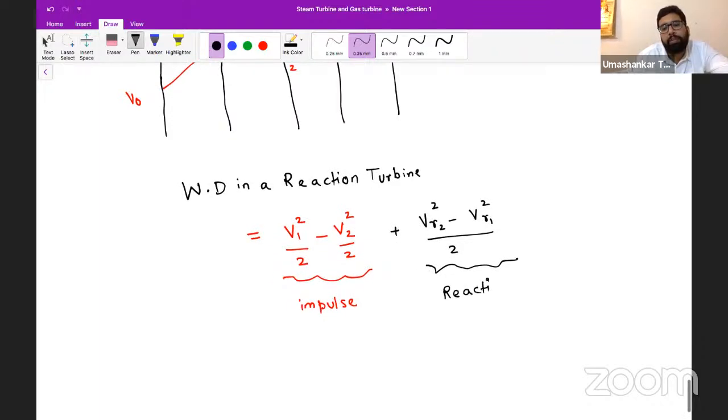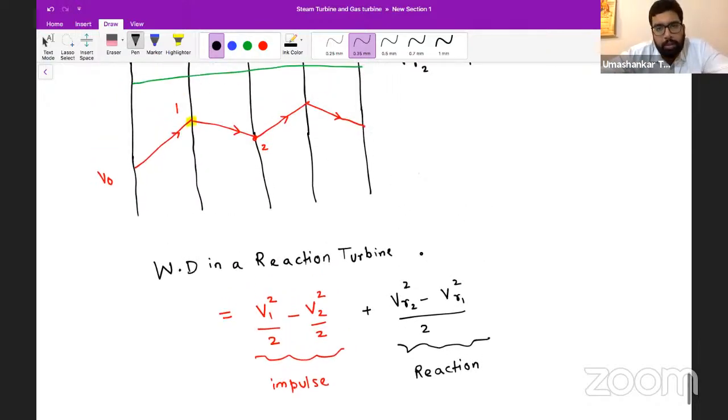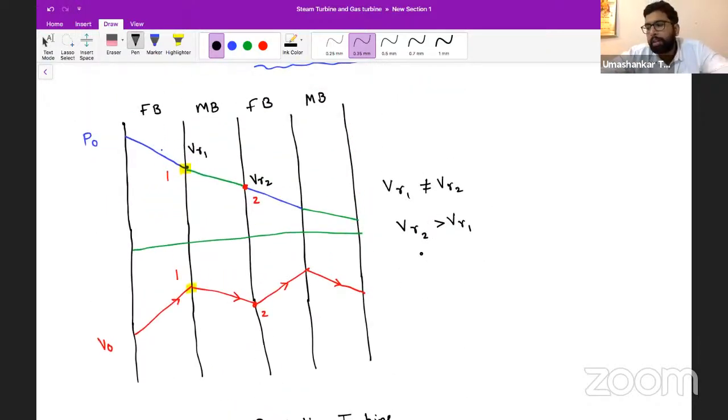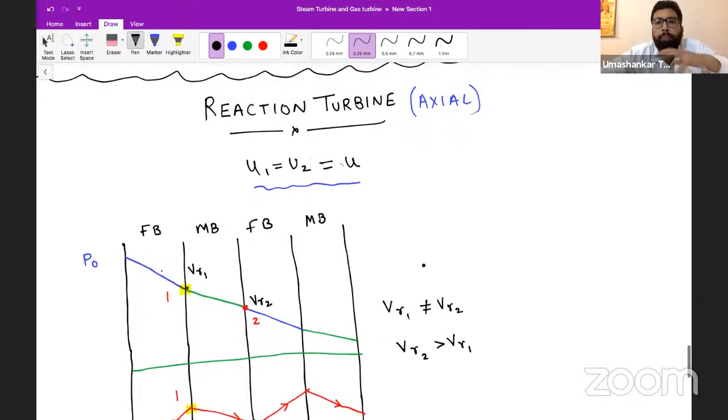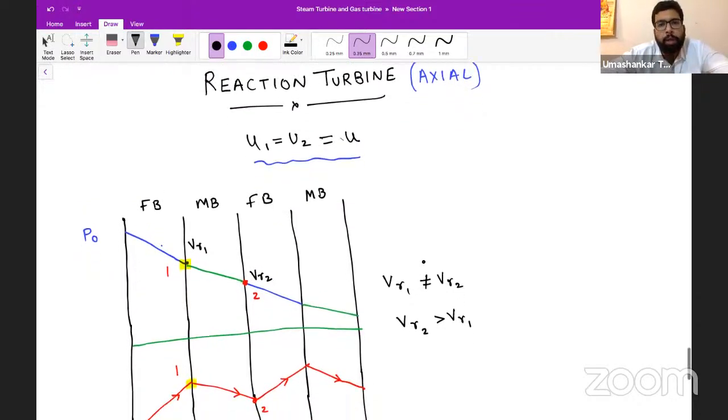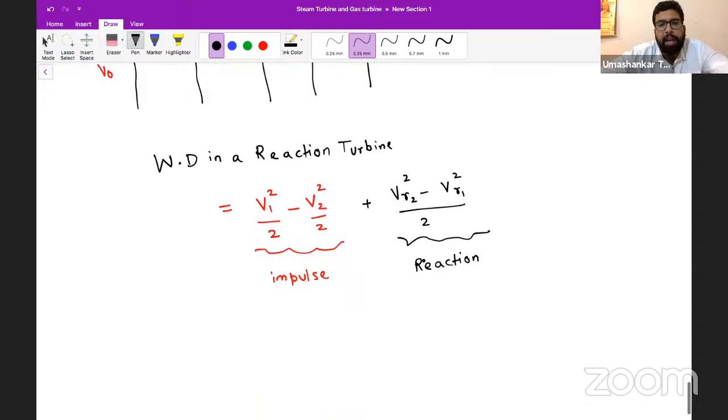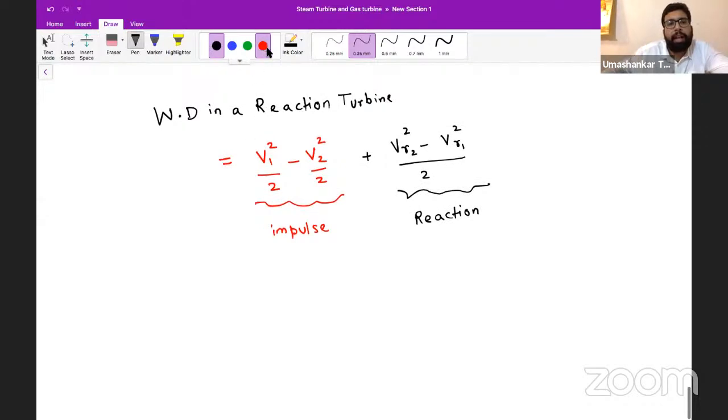That is why these turbines are named reaction turbines. Even this reaction turbine is not purely a reaction turbine. We have some impulse effect in it. So can we say that this work done we are obtaining is 50% because of impulse and 50% because of reaction?